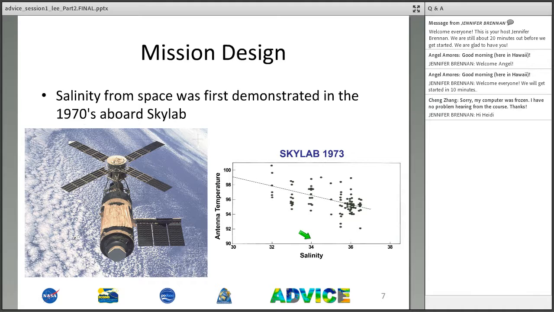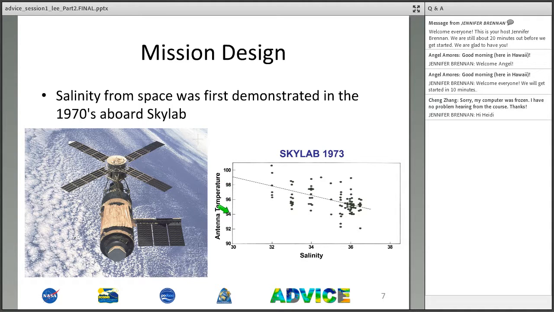So the first proof of concept of the L-band radiometer for measuring ocean salinity is from Skylab, which is the first space station of the United States in the 70s. Now the graph here shows the measurements made by Skylab's L-band radiometer expressed through antenna temperature, and I will explain in a minute how antenna temperature is related to brightness temperature.